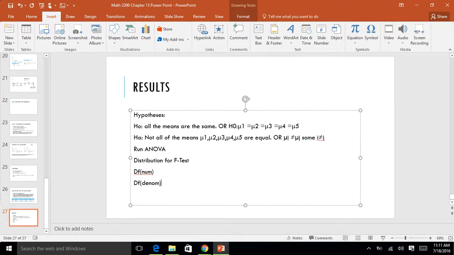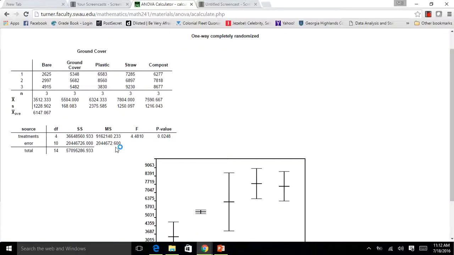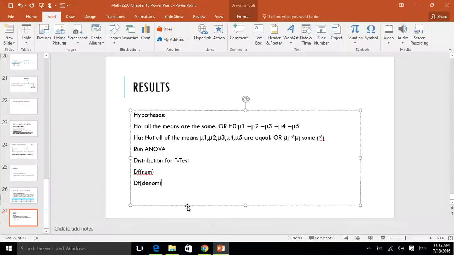Well, it's really easy because the test already does it for you. So if I go back to the website, this 4 is for my numerator and this 10 is for my denominator. So this equals 4 and this equals 10. So this makes my distribution for the F-test F where 4, 10. And those should be smaller. I'm just not going to worry about them today.